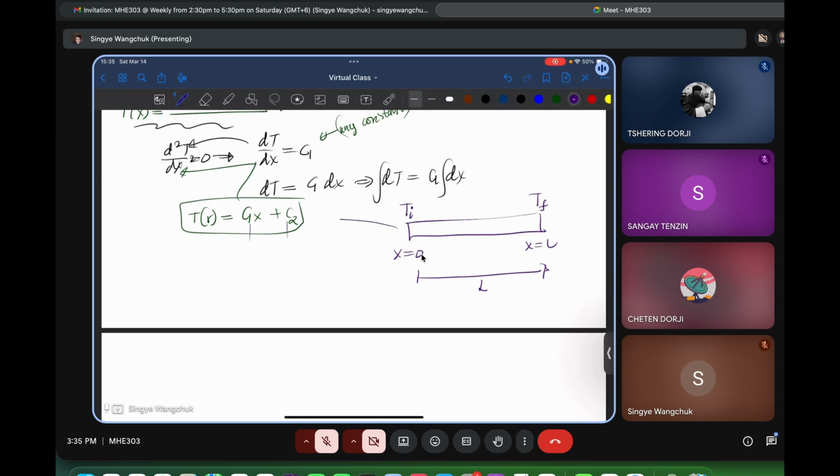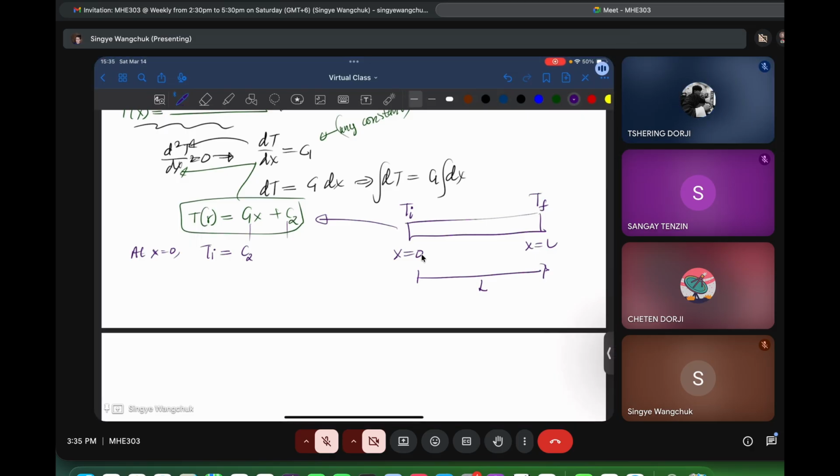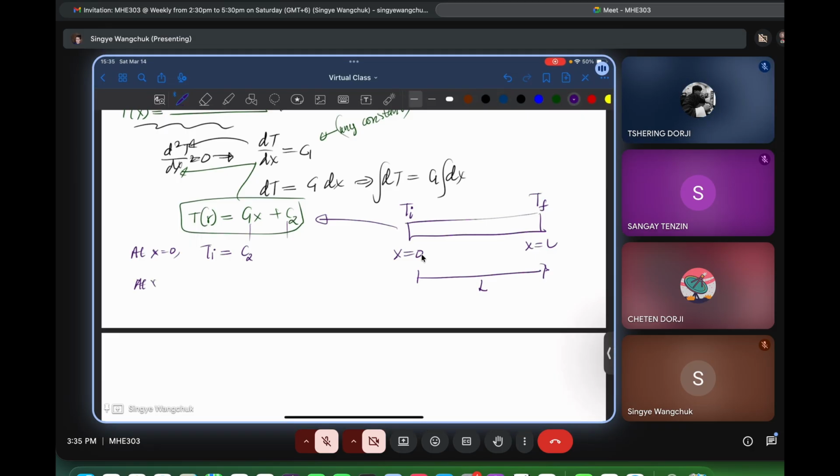Now use this condition here. At x equal to 0, my Ti will be C2. As well as at x equal to L, Tf = C1L + C2. Substituting Ti, to find C1, I get C1 = (Tf − Ti)/L.